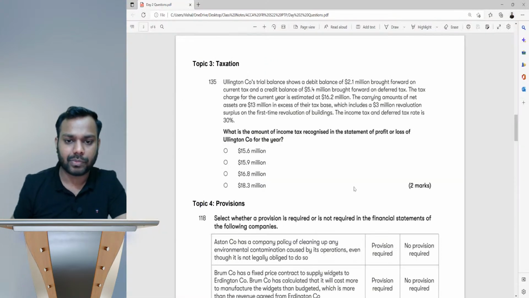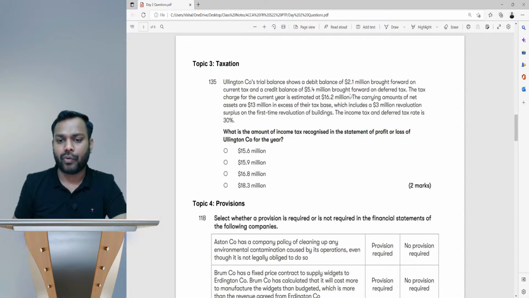See the question. Credit balance of 5.4 million brought forward on deferred tax. That is deferred tax liability of 5.4 million. Priyanka, how come under provision you are talking about? Okay, you are telling from the previous question. Okay, no worries.